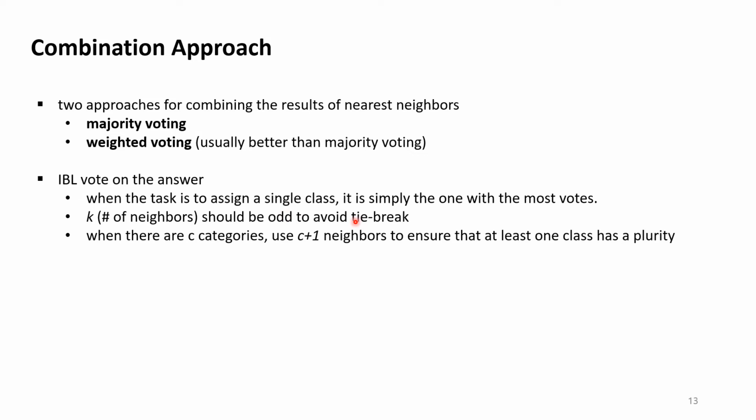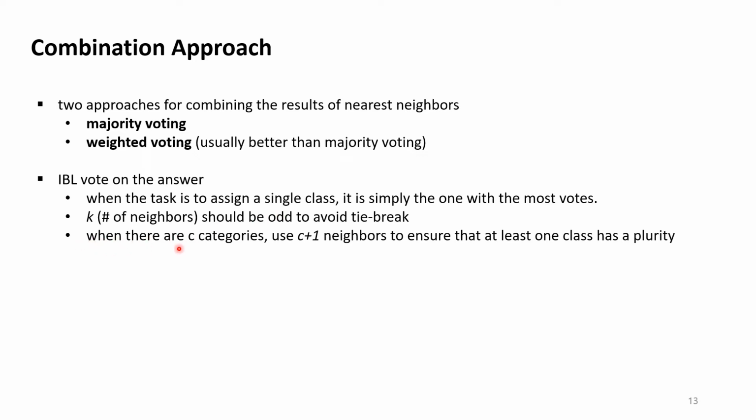If k is an even number and you use majority voting, sometimes we have a tie. So to avoid that, usually this k value is an odd number, like 7 or 9.